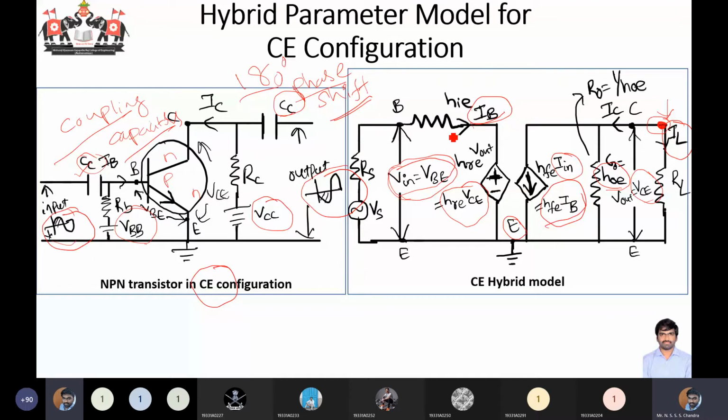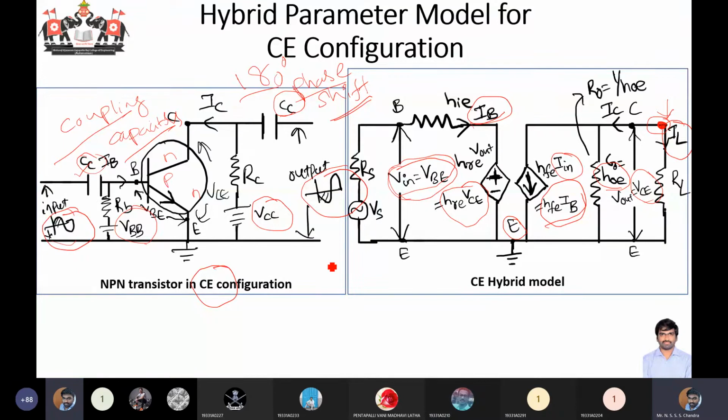What are the outgoing currents at this node? Please tell me what is KCL. What is Kirchhoff's current law? Sum of incoming currents is equal to sum of outgoing currents. Yeah, sum of incoming currents is equal to sum of outgoing currents.